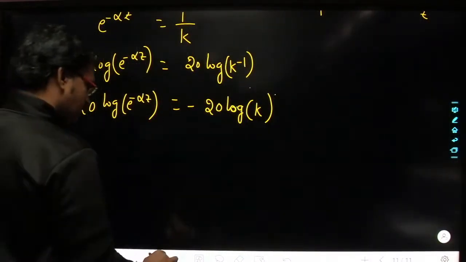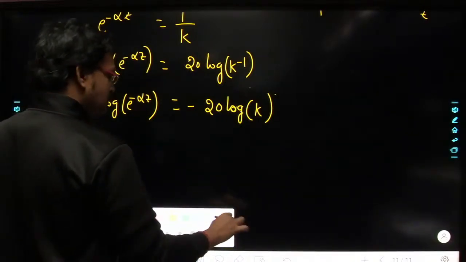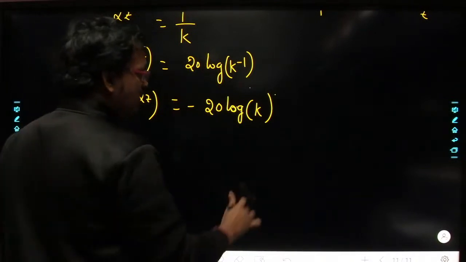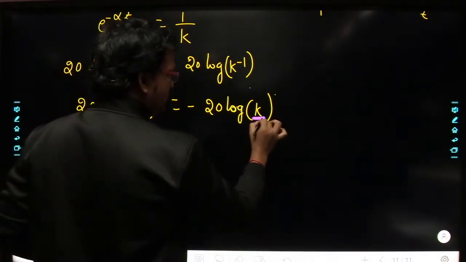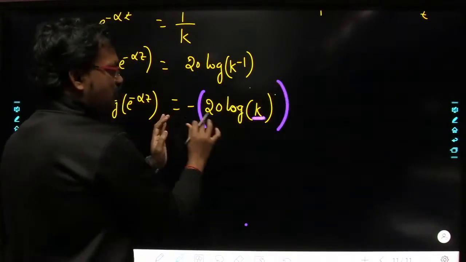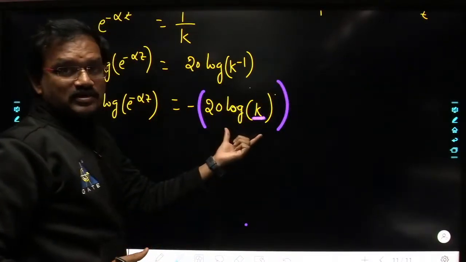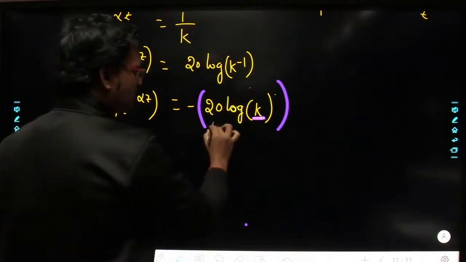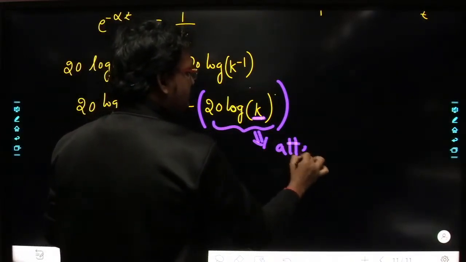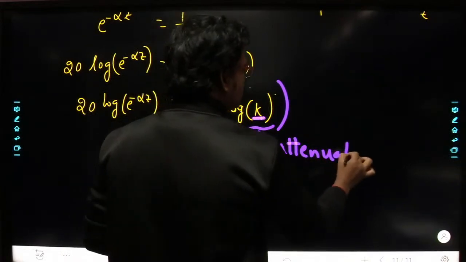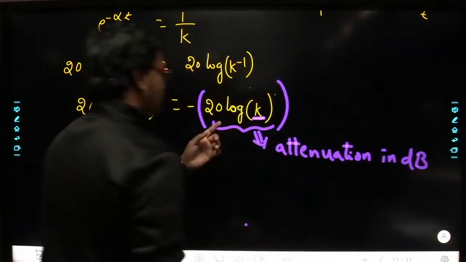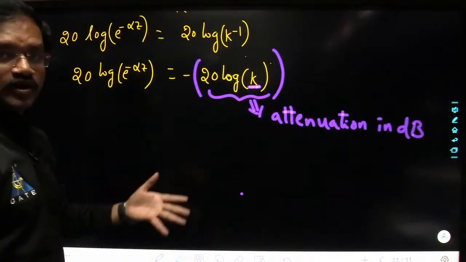Now they have given the overall attenuation as 20 dB. Here k is nothing but the attenuating factor, so 20 into log of k is nothing but the attenuation in dB. Yes or no? This represents the attenuation in dB, and the attenuation in dB they have given is 20.